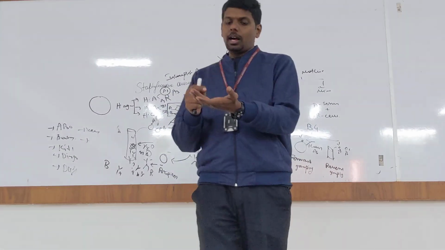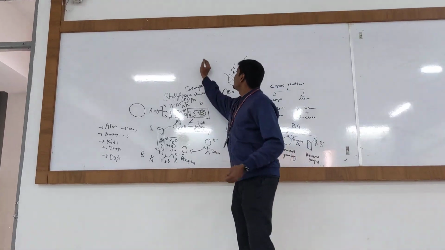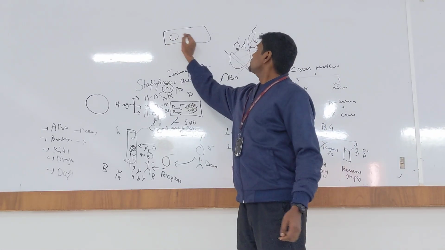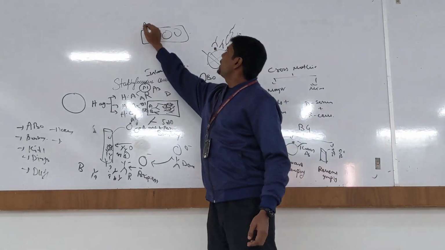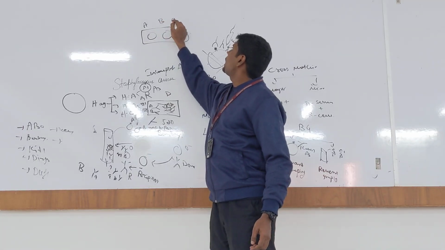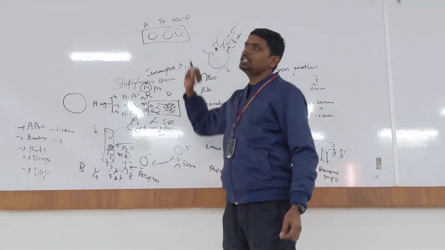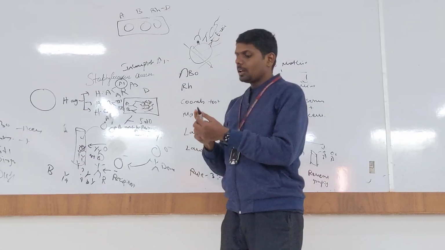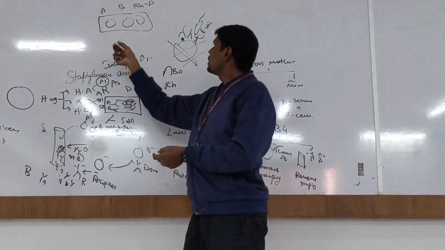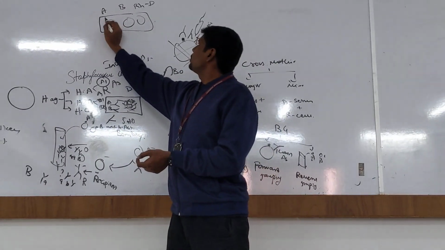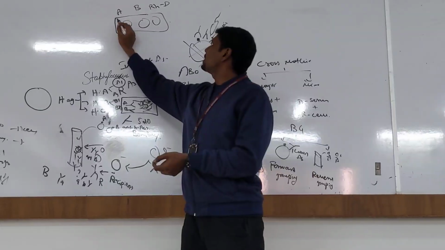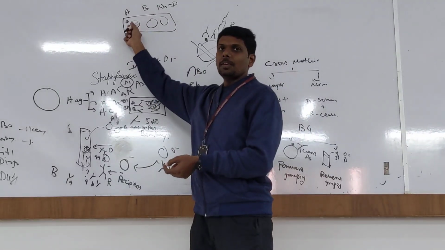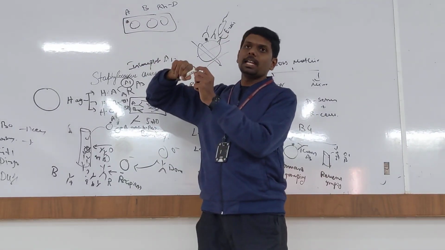See, I have three drops of blood. Then I added anti-sera A here, B antibodies here, and Rh antibodies here. Now I took a stick and mixed the blood drop with the antibodies. Now my stick has some A antibodies.